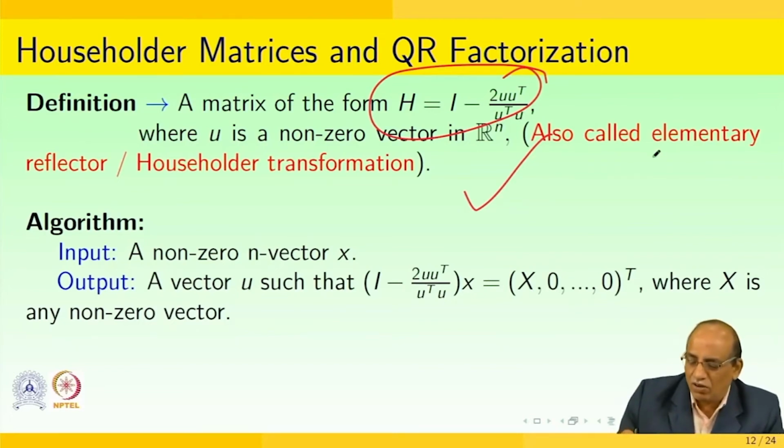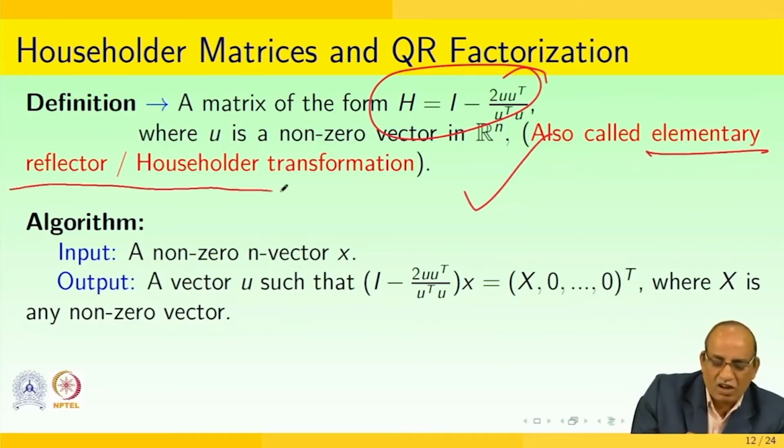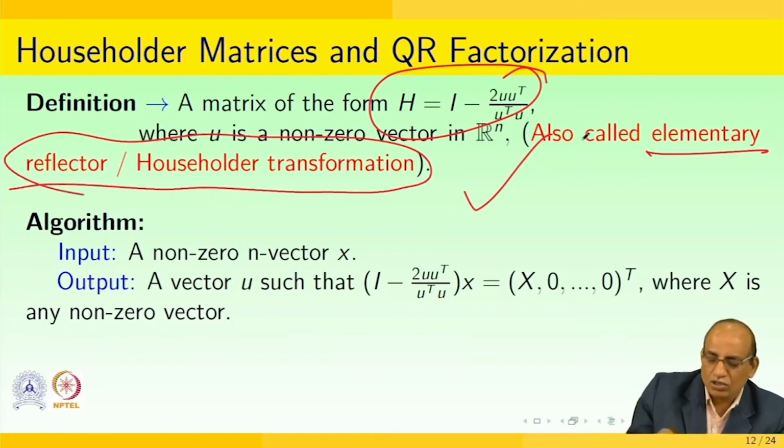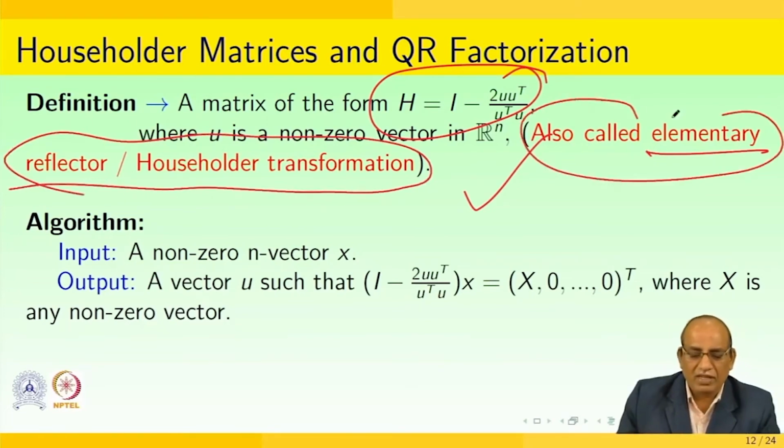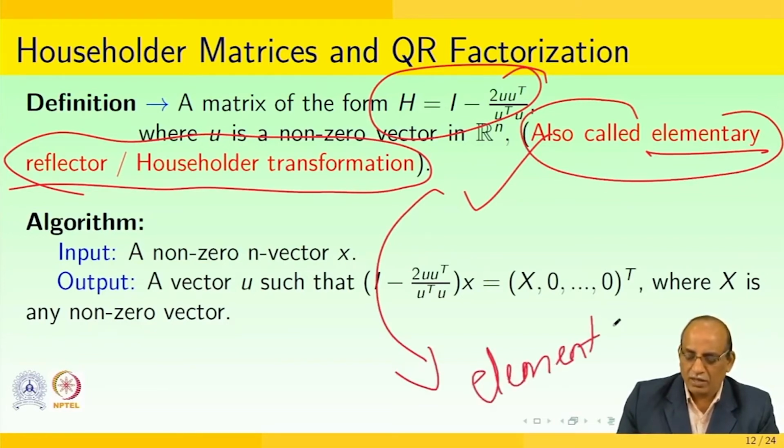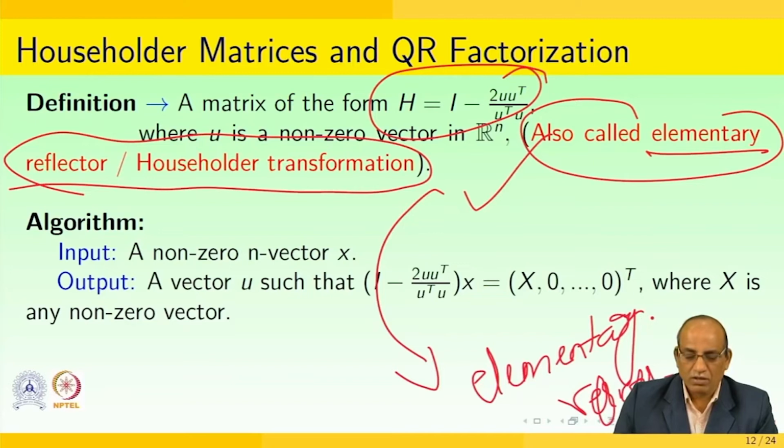The transformation is called an elementary reflector or Householder transformation. So we are able to obtain the Householder transformation by using the elementary reflector.